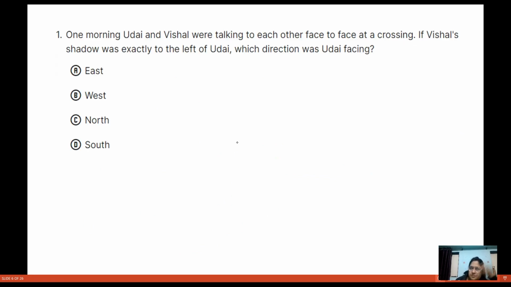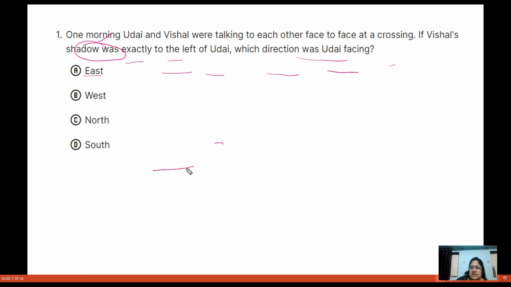Now let's move on. Look at this question. One morning, Uday and Vishal were talking to each other face to face at a crossing. If Vishal's shadow was exactly to the left of Uday, which direction was Uday facing? Our clue is here: one morning, the shadow is falling to the left.